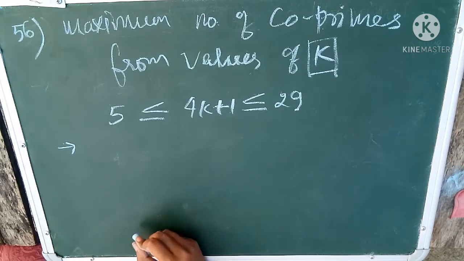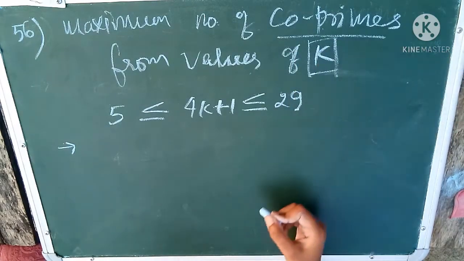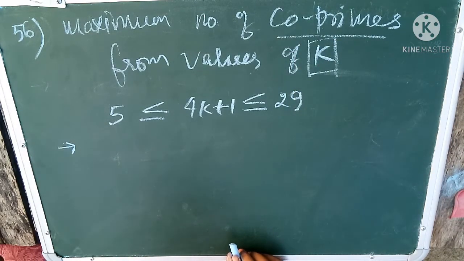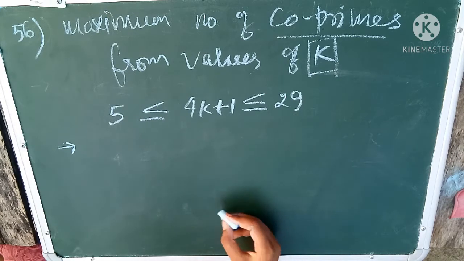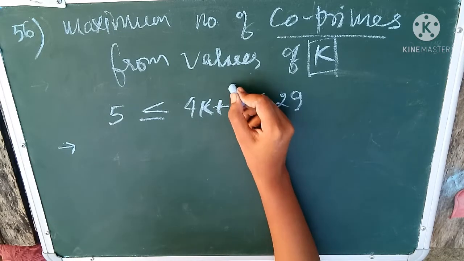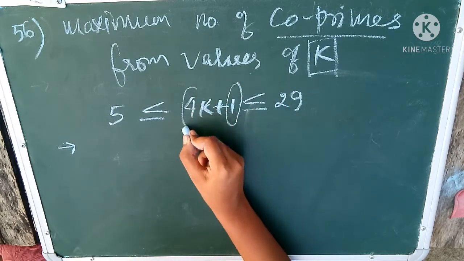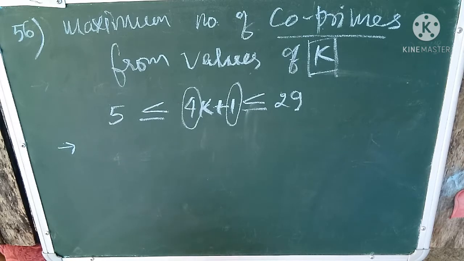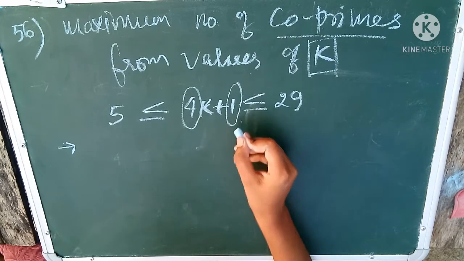Before solving this question, we must know what coprime numbers are. Any two numbers having no common factor other than 1 are known as coprime numbers. So let us find the value of k, and then we will find the coprimes in it. For that we need to remove the 1 and the 4.